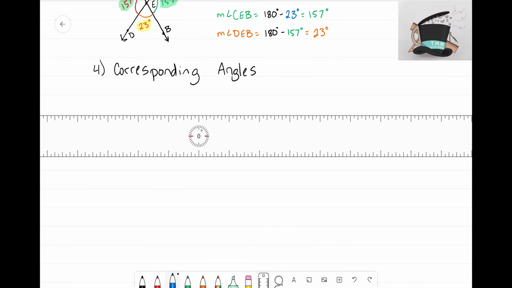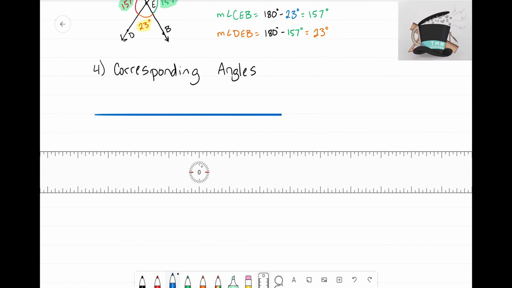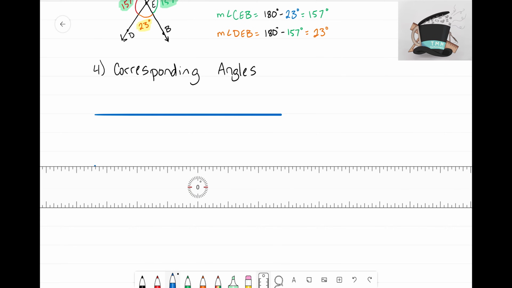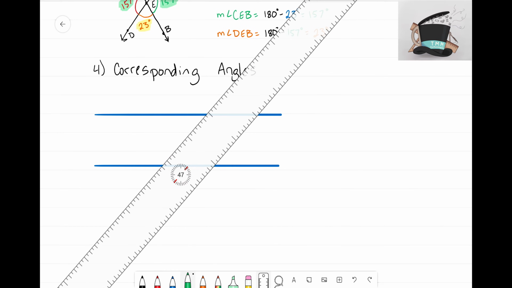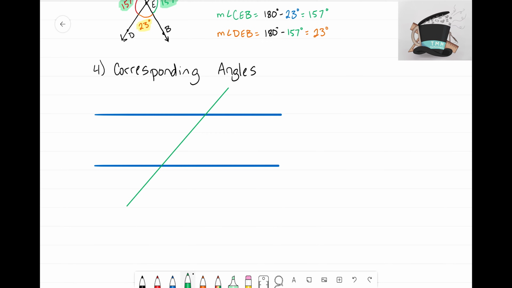We're going to have two parallel lines here, and they're being cut down by a third line that we're going to call the transversal line.